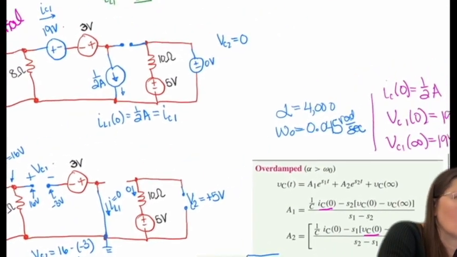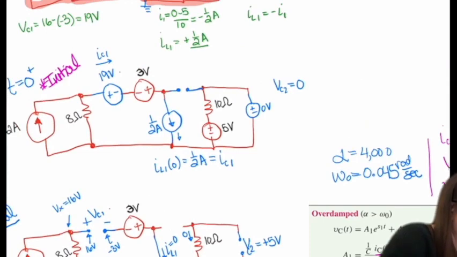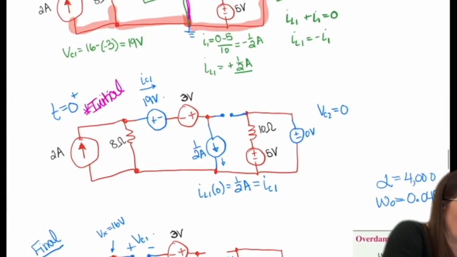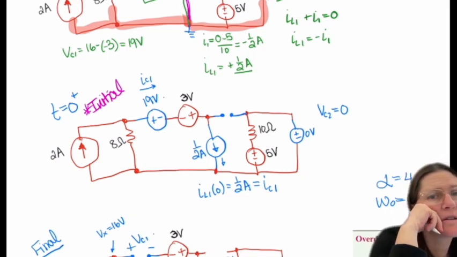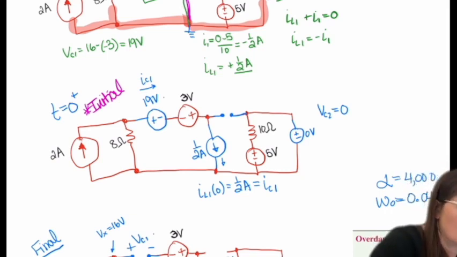Can you go over why IL1 is equal to IC1 again? So redrawing this, the switch is open, and so IC1 is in the same branch as the IL. Oh, okay, yeah, I see. You see that? Okay. So the final VC1 is still 19 volts.